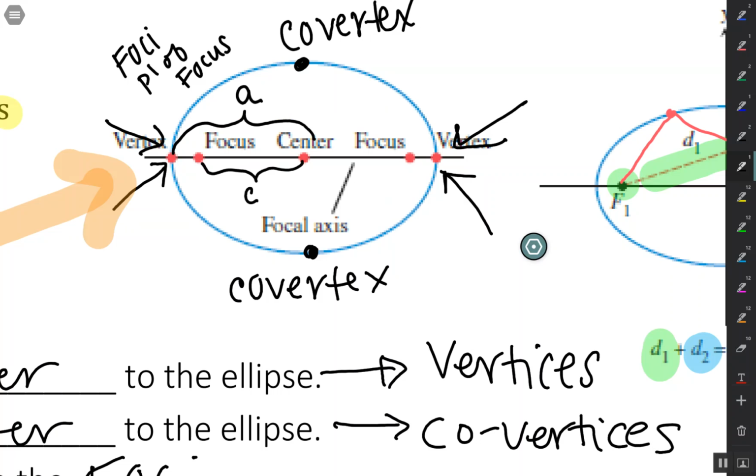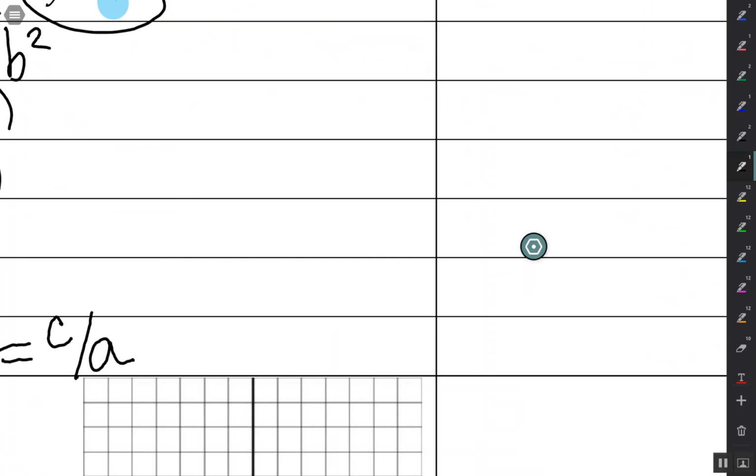And so we're looking at that ratio. Whether they are closer together or further apart gives you a different value for eccentricity.